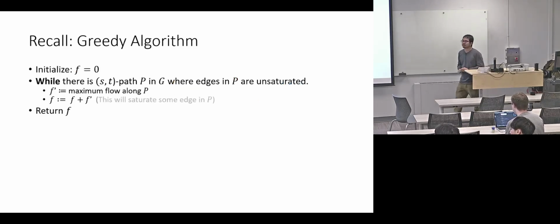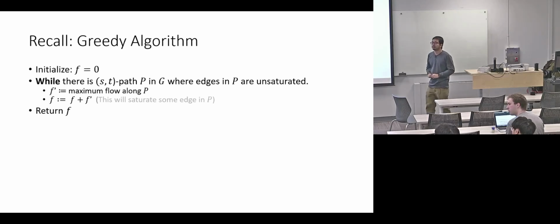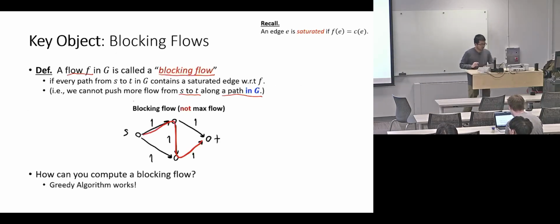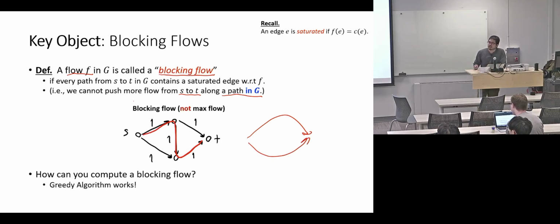I was going to ask about the greedy algorithm. What if the greedy algorithm in that graph from before chooses the top path and then the bottom path, and it chooses 2 paths, neither of which are blocking? If it chooses this path and this path, then it's a maximum flow, and any maximum flow is actually a blocking flow too.